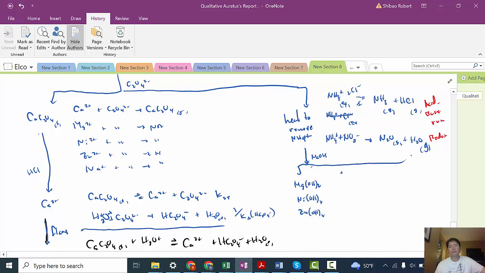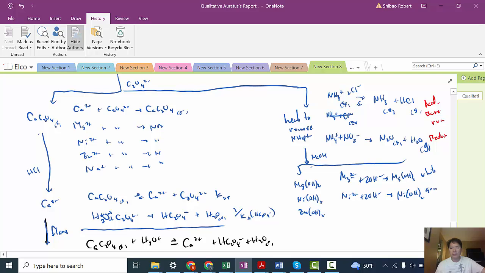And so what are the reactions for this? If we have magnesium ions, then we're going to get 2 hydroxides from the sodium hydroxide, and we can form magnesium hydroxide here. And then if we take nickel 2 plus 2 hydroxides, that's going to form nickel 2 hydroxide, which is a green precipitate. This is a white or colorless.